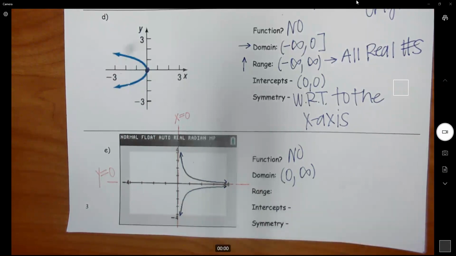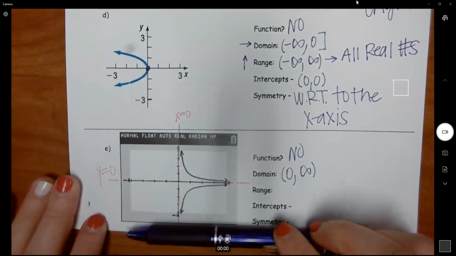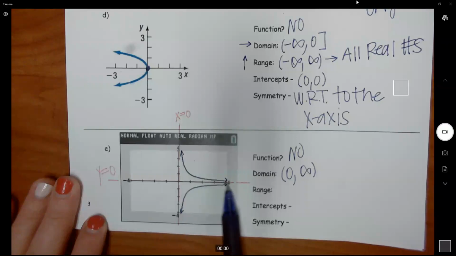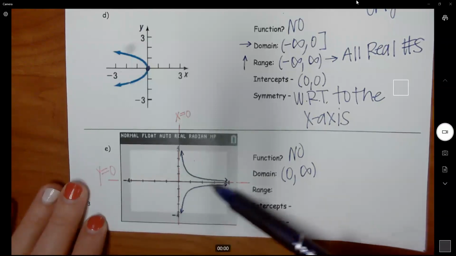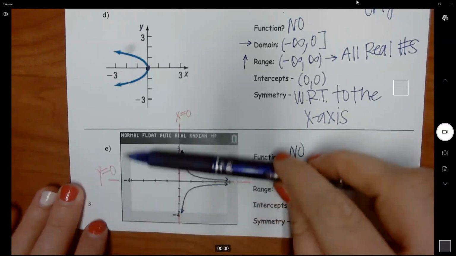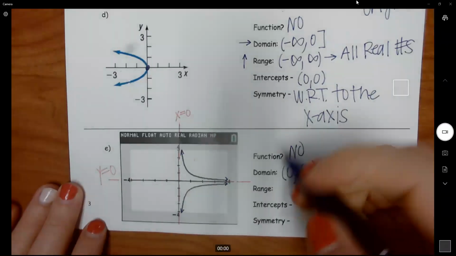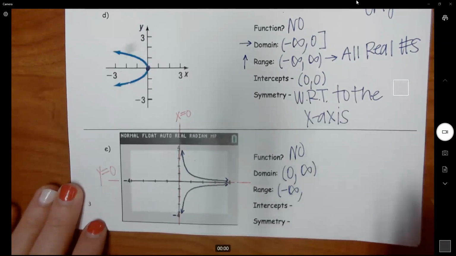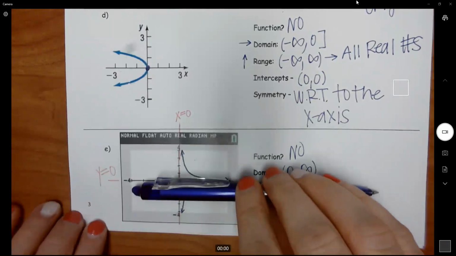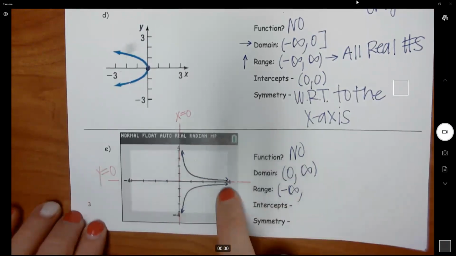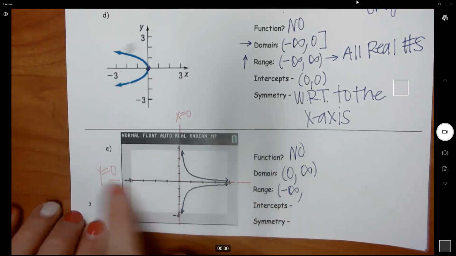And then your range is similar. When I go from bottom to top, there is a gap right here. So this bottom portion, when you go from bottom to top, we hit an arrow first. So that is negative infinity. And then as I am going up, I do hit another arrow, but that arrow is getting closer to 0.